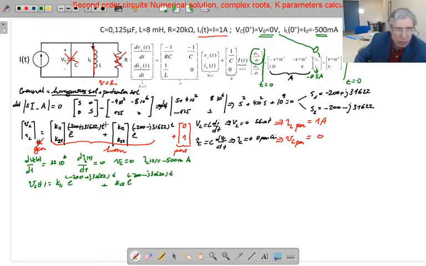I am just repeating what it is. The particular solution is 0, so I don't write that. So this is our VC(t). In this VC(t), there are 2 things to be calculated. If you replace t with 0, this is going to be this initial condition, isn't it?